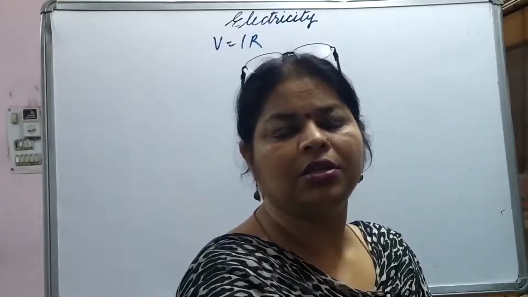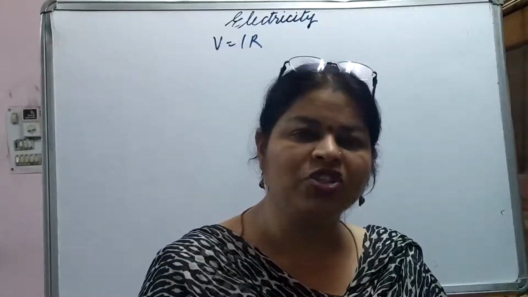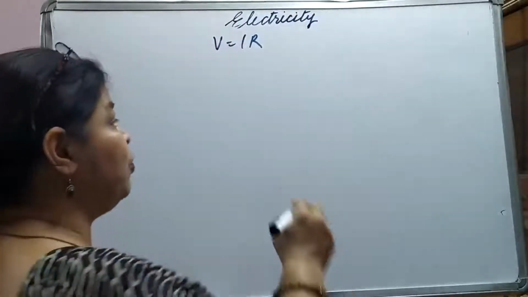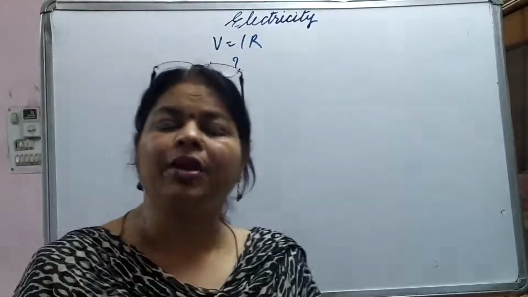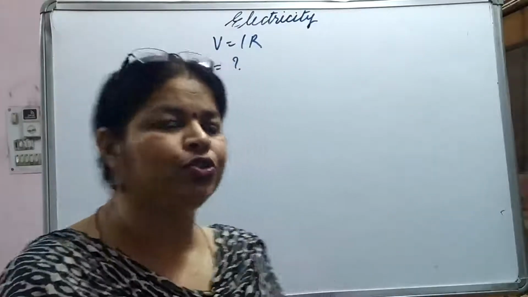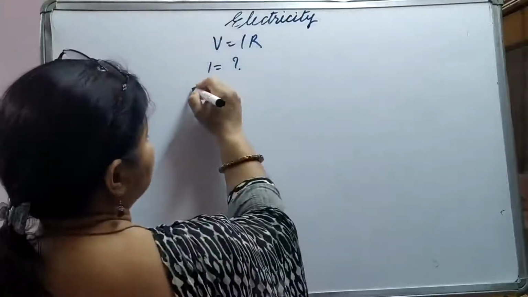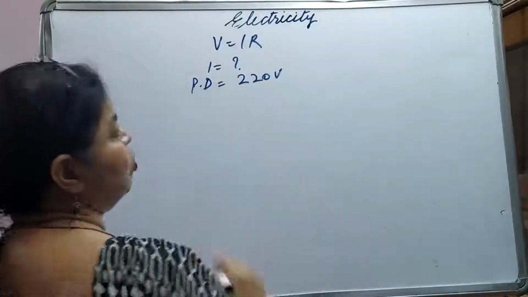How much current will an electric bulb draw from a 220 volt source? How much current means we have to find out I. So it means potential difference PD is equal to 220 volt.